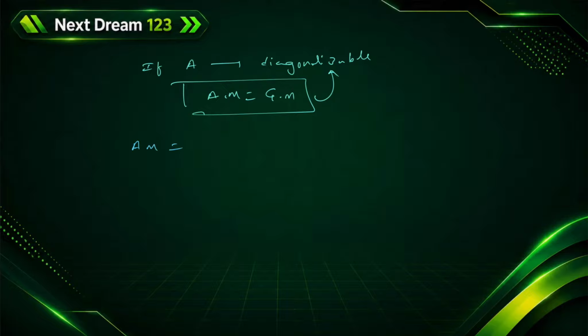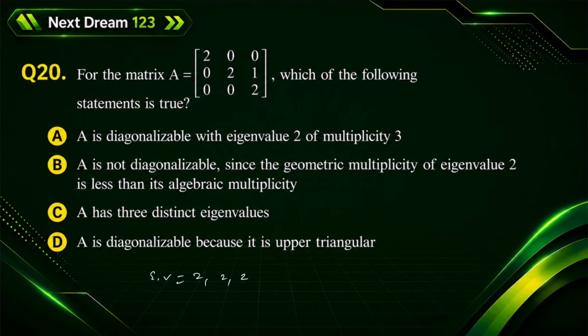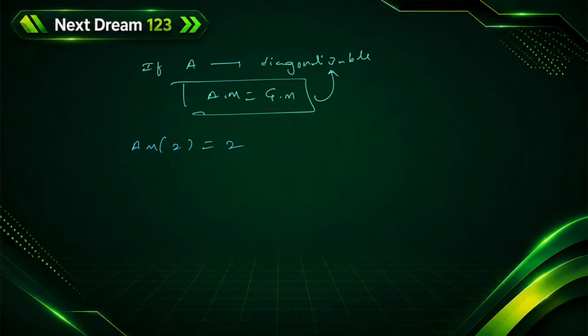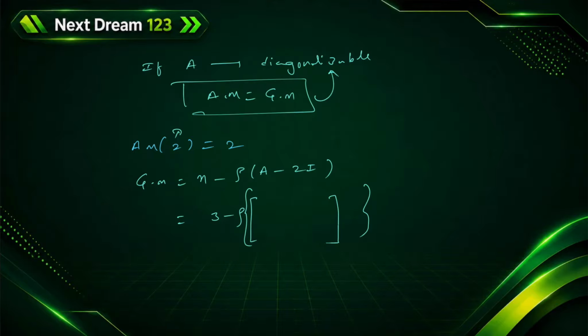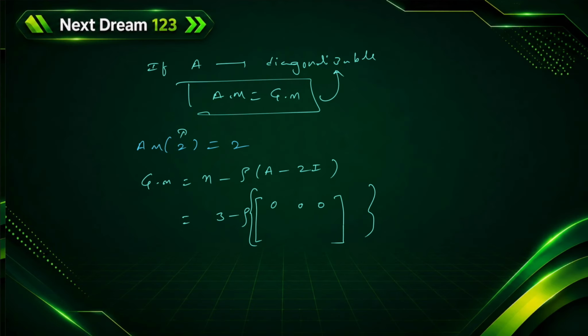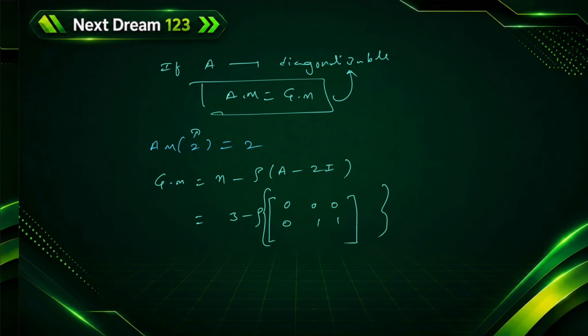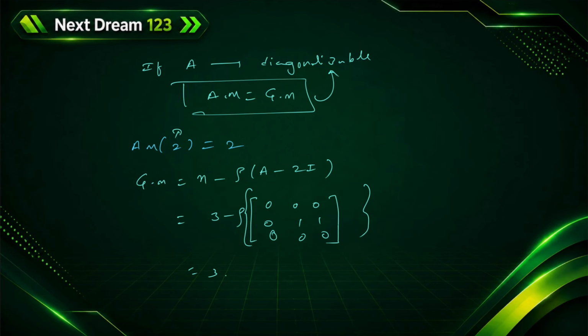What is AM, the algebraic multiplicity? The eigenvalue is 2.